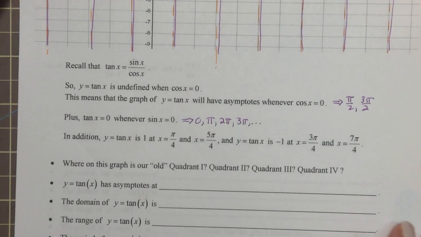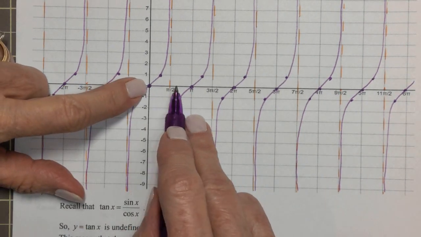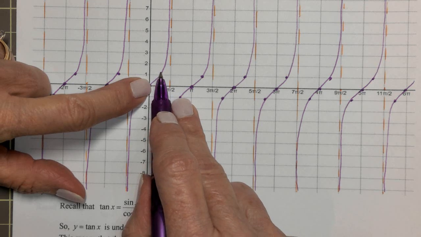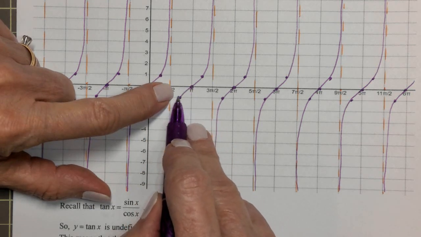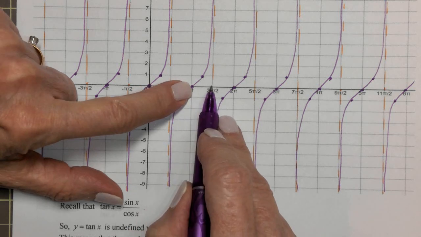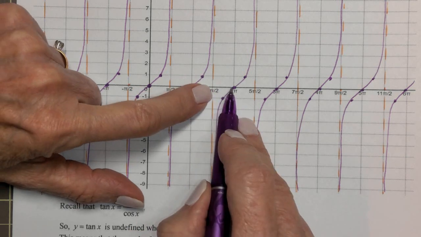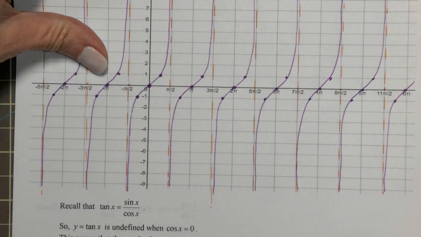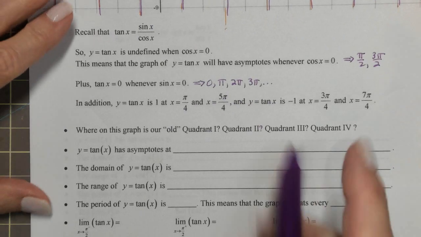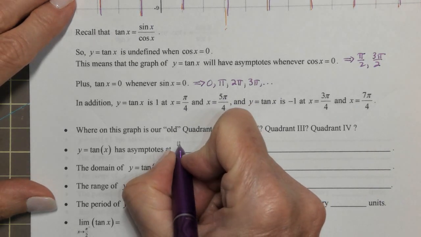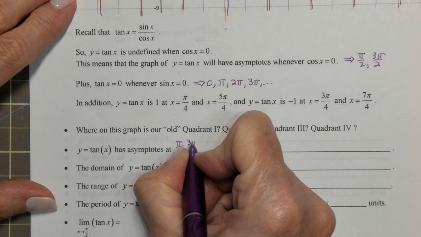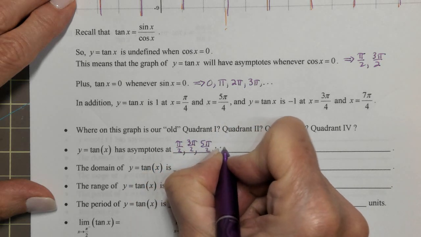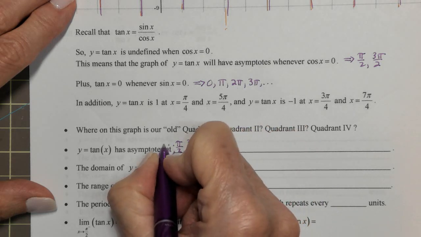Alright, where are our old quadrants? Okay, there's 0. So this is quadrant 1, and in quadrant 1 tangent is positive. In quadrant 2 tangent is negative, but in quadrant 3 tangent is positive. Quadrant 4 tangent is negative, and then it repeats. Tangent has asymptotes at pi over 2, 3 pi over 2, 5 pi over 2, etc. in both directions.